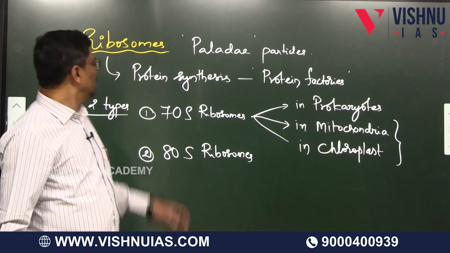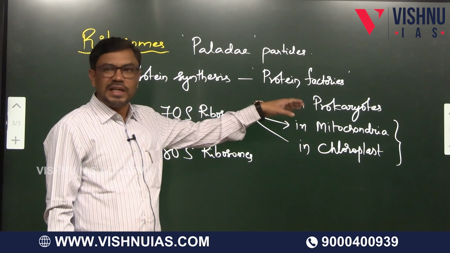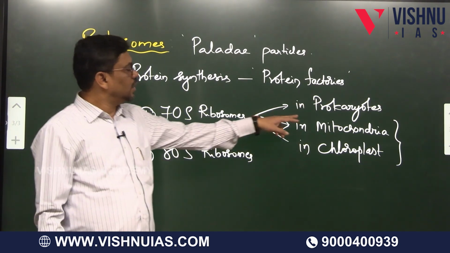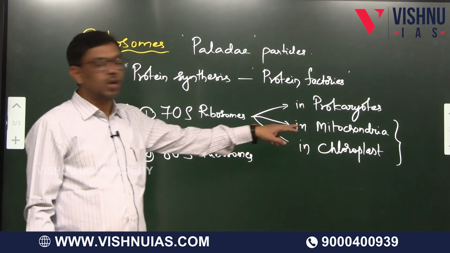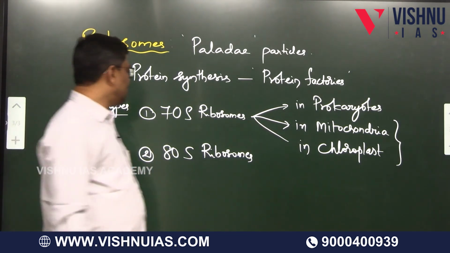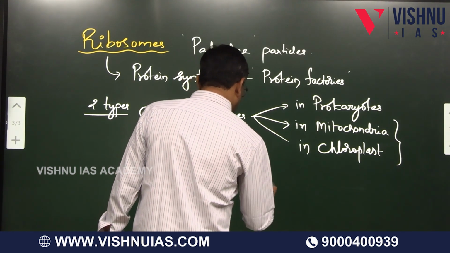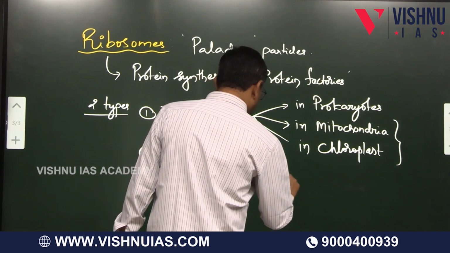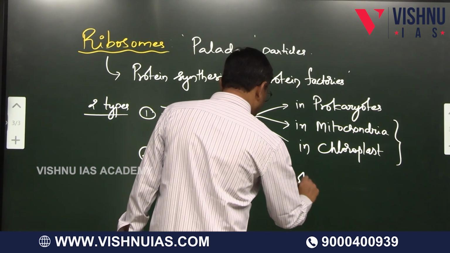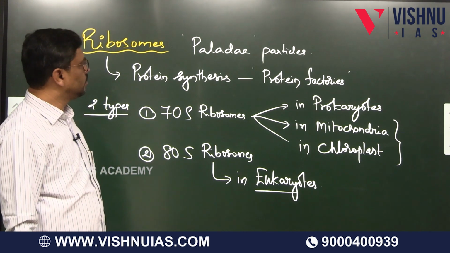So, the 70S type of ribosomes are present in prokaryotes, that is in the bacteria, and also in mitochondria and chloroplast of the eukaryotic organisms. And then 80S type of ribosomes, they are present in eukaryotes.